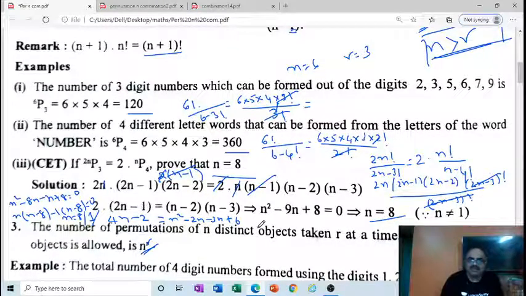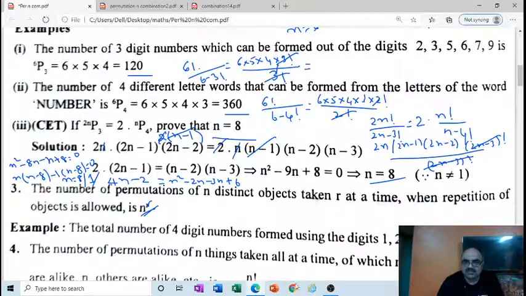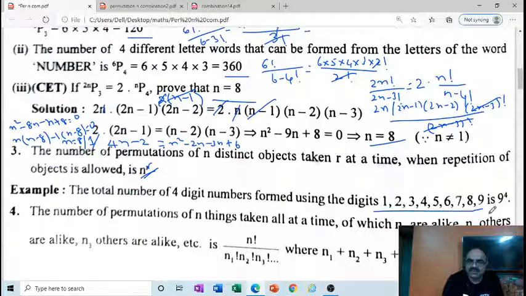I have an example to tell you. The total number of 4-digit numbers formed using the digits 1 to 9. There are 9 numbers here. If I have to form 4-digit numbers out of this, the best way to do it is 9 power 4.